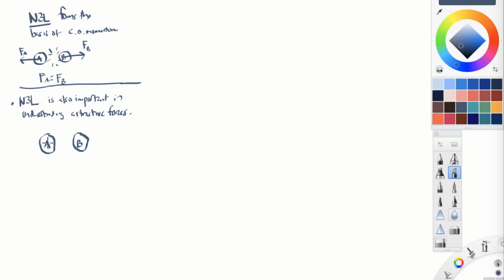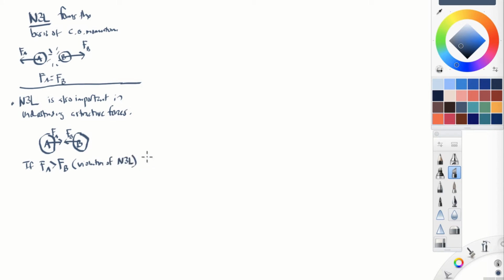And so if Newton's third law is correct, then magnet B is going to pull on magnet A just as hard as magnet A pulls on magnet B. That is, force A equals force B. Now, if this was not true, if, for example, force A was bigger than force B, we're considering a hypothetical situation. Maybe for some reason Newton's third law was violated. So this would be a violation of Newton's third law.